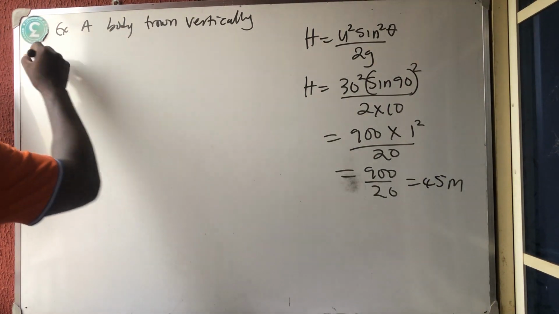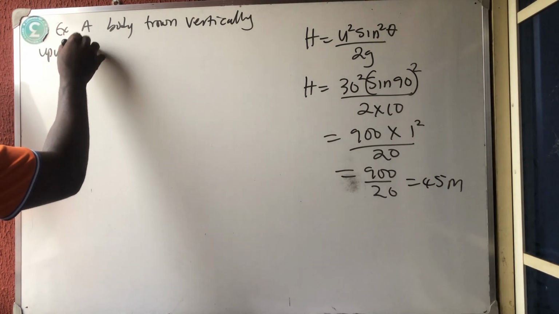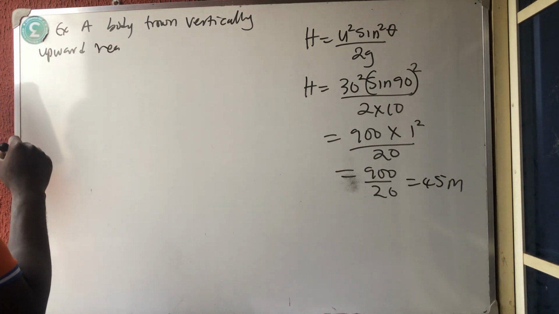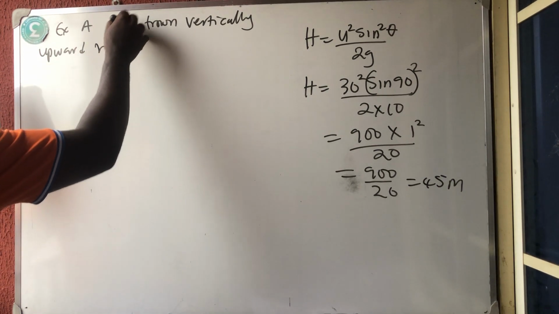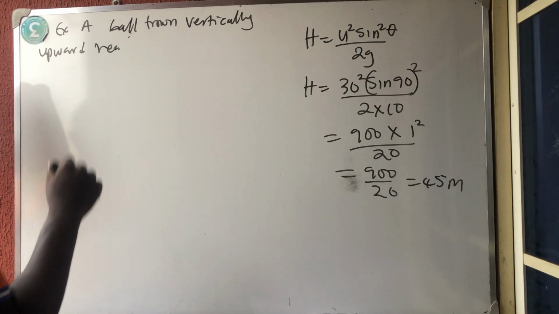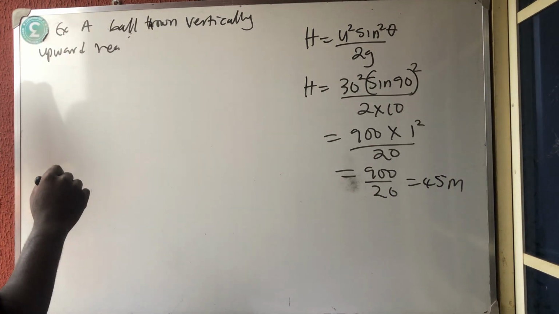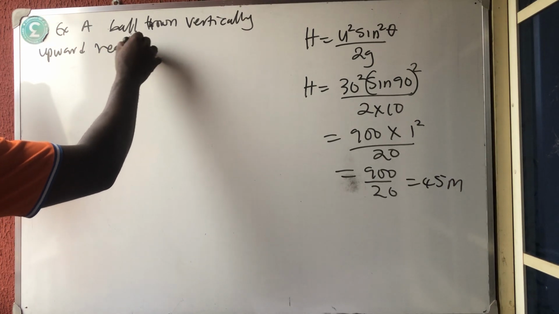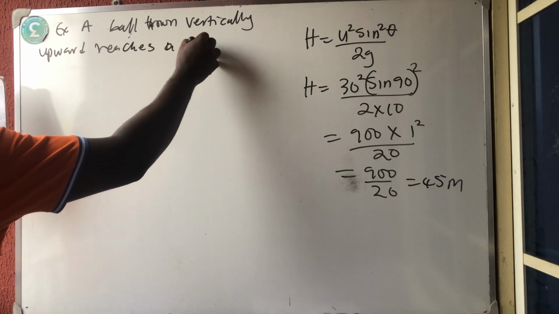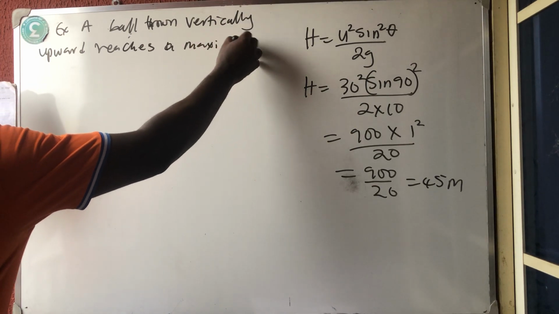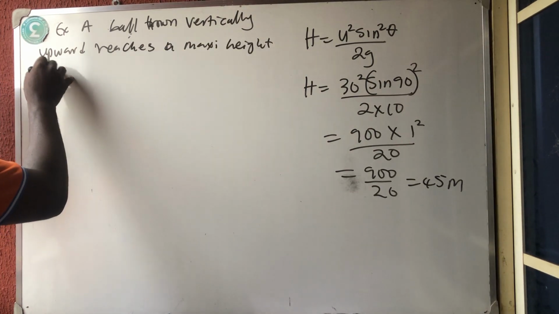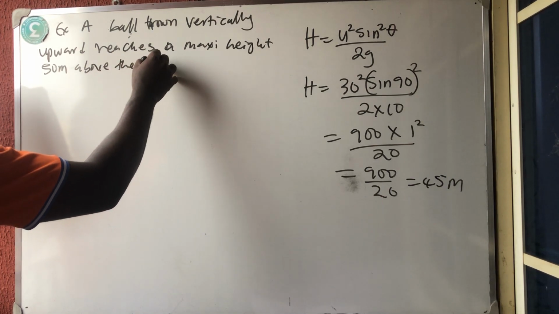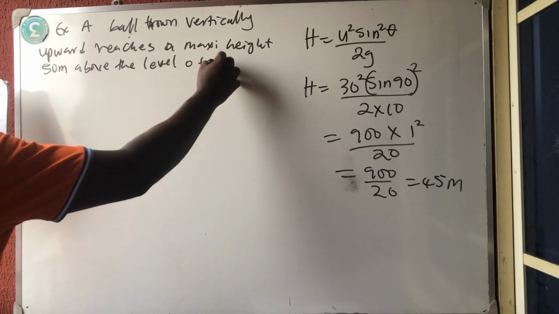So a body is thrown vertically upward. Okay, not a body, a ball thrown vertically upward, reaches a maximum height of 50 meter above the level of projection.